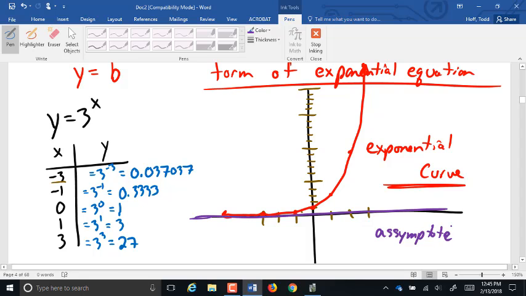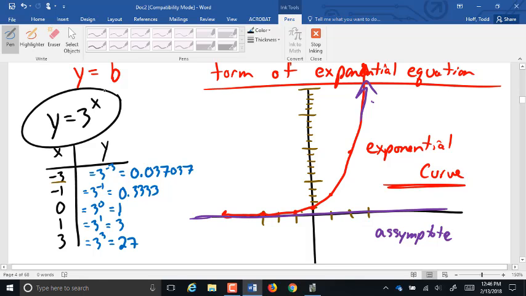All that means is the graph is never going to cross that line. It's never going to go below y equals 0 in this case. So as x gets smaller, y gets closer and closer and closer to 0, but it'll never quite get there. But on the other side here, you can see it gets large rather quickly after it gets into the positive numbers. And that is the property of an exponential.